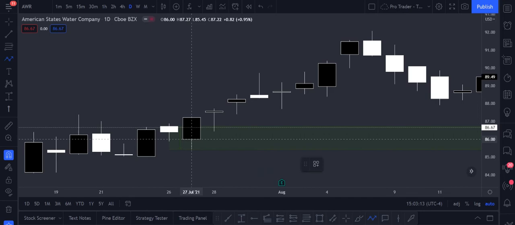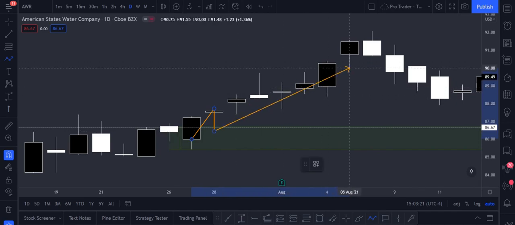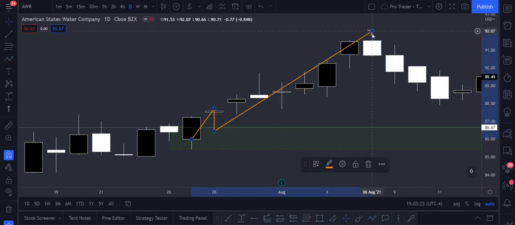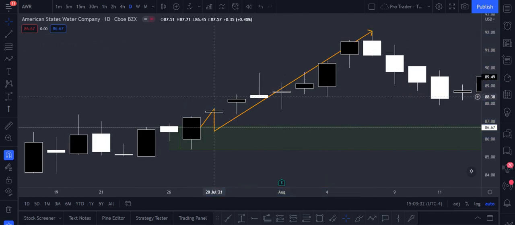But what happened? Price left the zone, came back to test the zone on the first touch, and then we had what? A reversal reaction. It left, came down, and reversed to continue up. So now that is a tested zone.